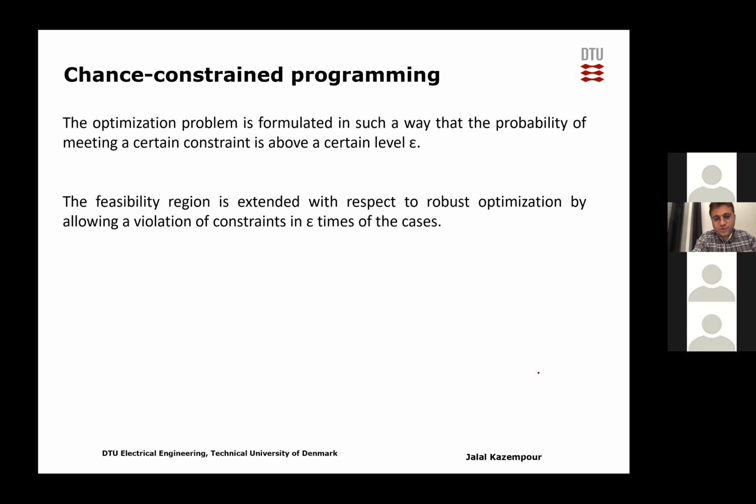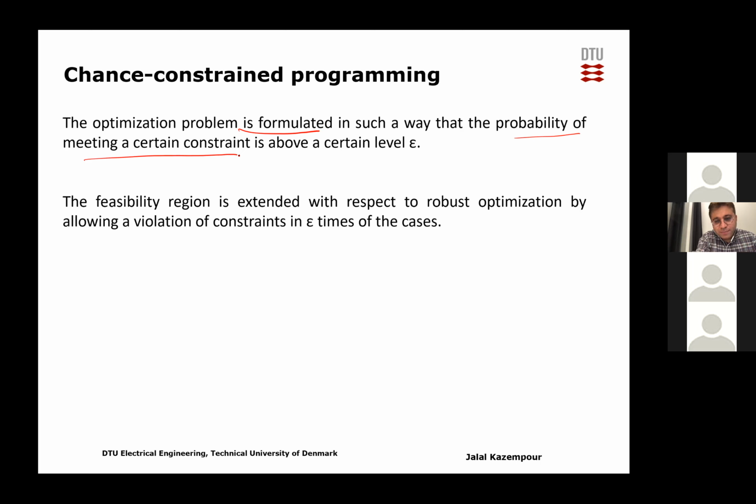It's somehow connected to robust optimization. So in chance constraint programming, the optimization problem, again, we don't have scenarios, right? The optimization problem is formulated in such a way that the probability of meeting each certain constraint is above a certain predefined level, let's say epsilon.